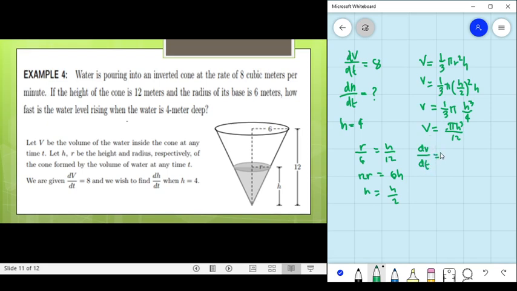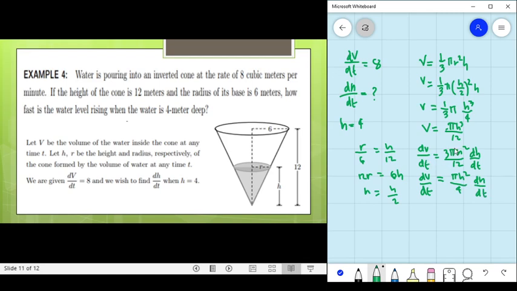Then we have h cubed, so we have 3 pi h squared over 12 dh over dt, which is equal to pi h squared over 4 dh over dt.